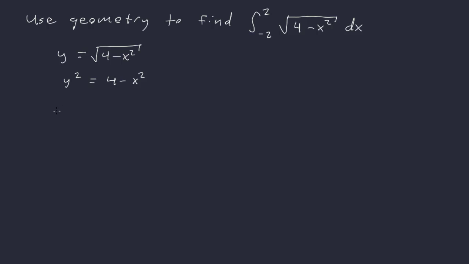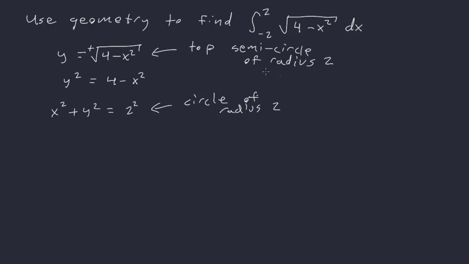And then if you move that x squared over, you get x squared plus y squared is equal to 4, which we could also write is 2 squared. So this is the circle of radius 2. Okay, but since we started with the plus square root, this is the top semicircle of radius 2.